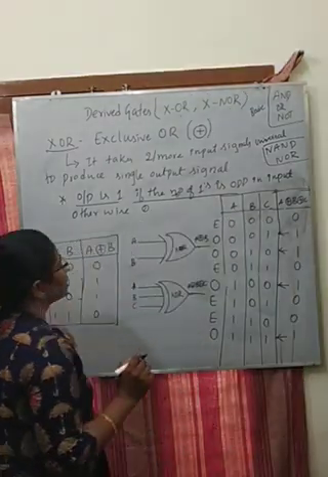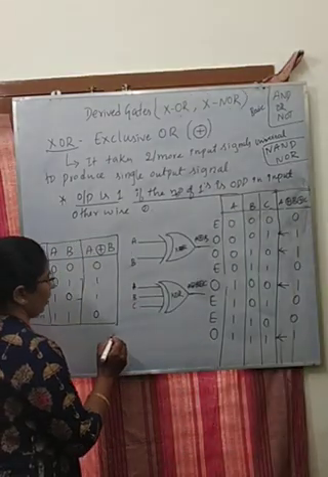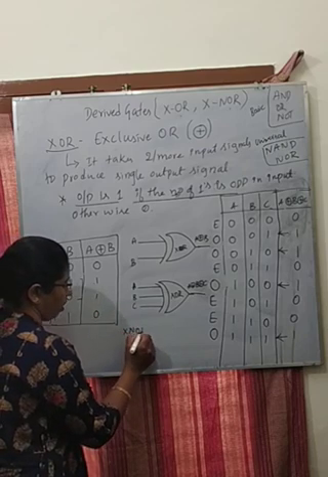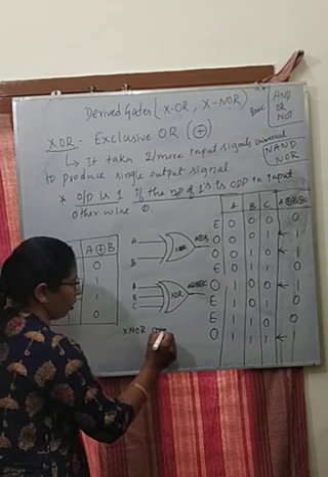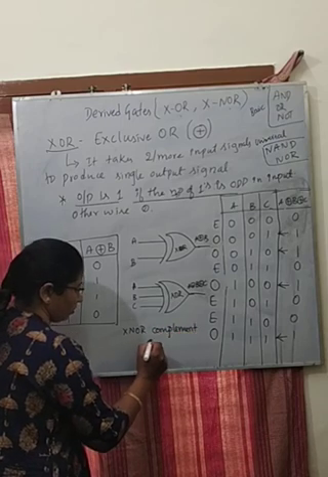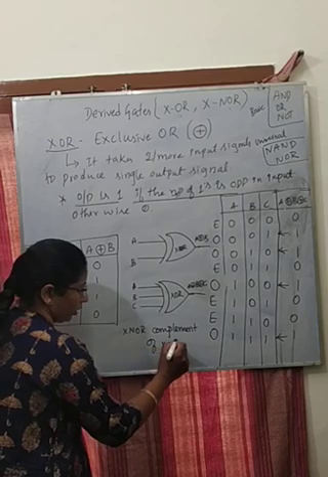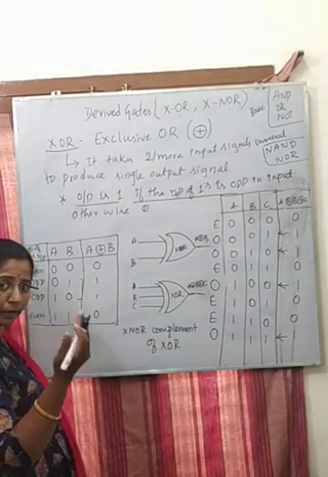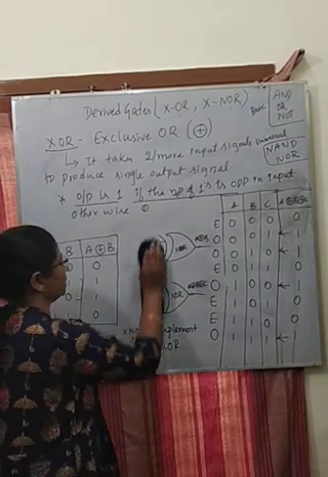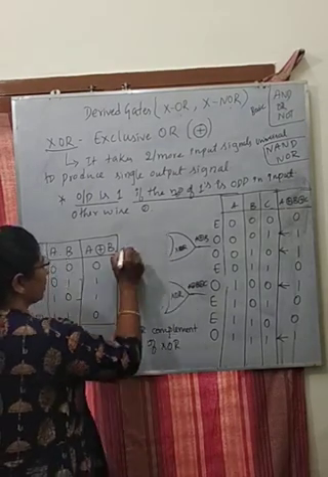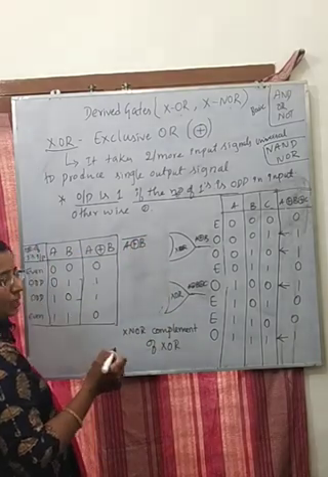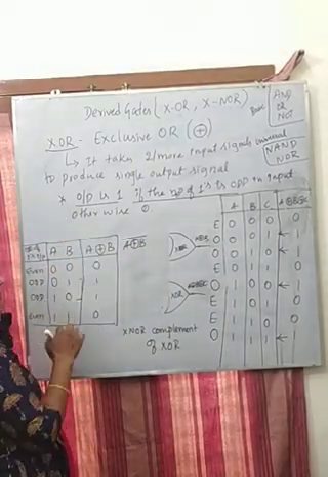Now XNOR. Remember, XNOR is the complement of the XOR gate. Do you know how to write the complement? Just take A XOR B and complement the result, the opposite of the result.